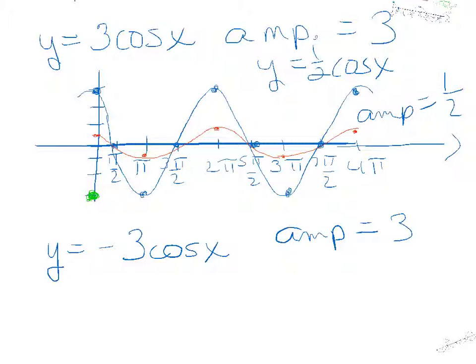At pi, it's going to be at its maximum. At 2 pi, the minimum. At 3 pi, the maximum. And at 4 pi, the minimum. Is that going to affect where it crosses the x-axis at all? No. Not at all. So this just looks like this.